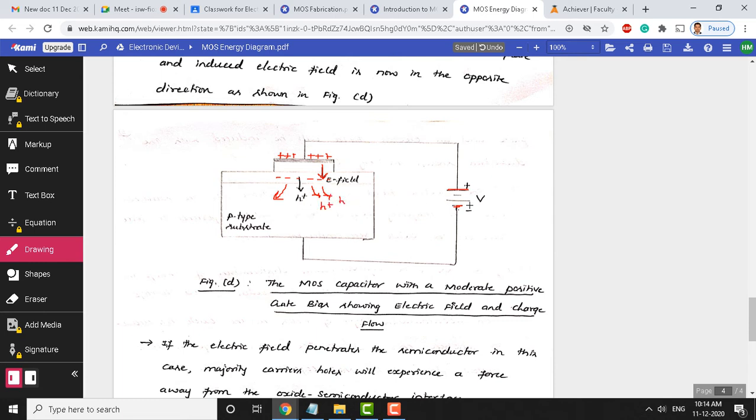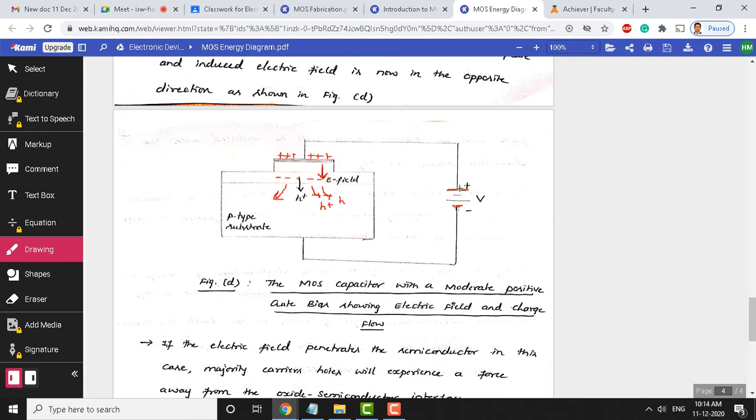Just by changing the gate voltage, the direction of holes can be reversed. For negative gate voltage, holes keep moving towards the oxide semiconductor interface. For positive gate voltage, holes keep moving away from the silicon and oxide interface. The direction of the electric field also changes; it is always from positive to negative.